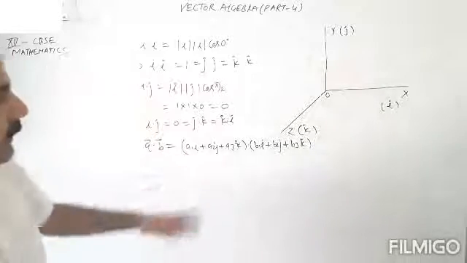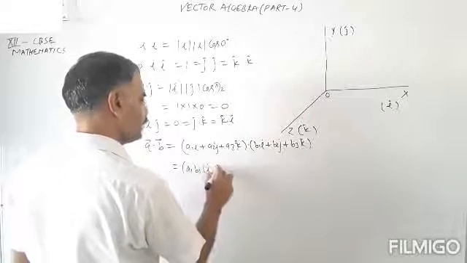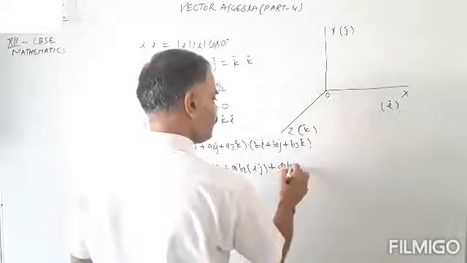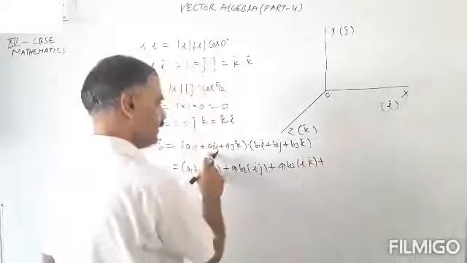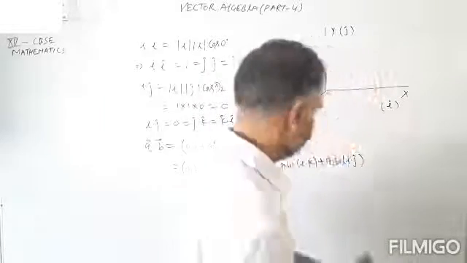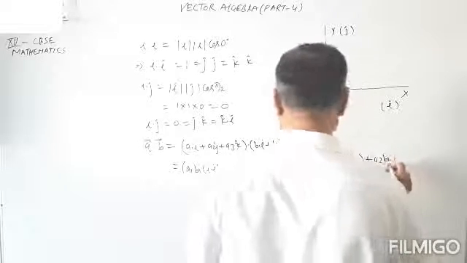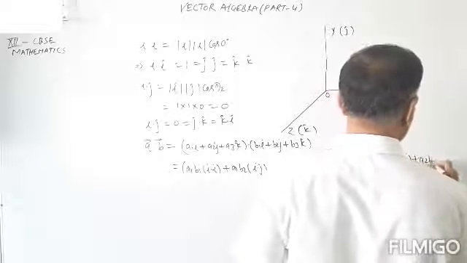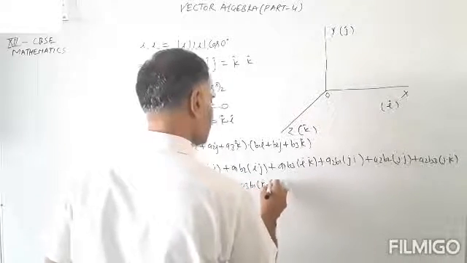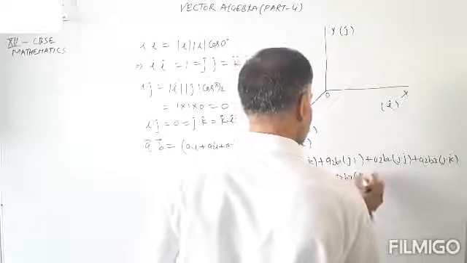So the dot product will have 3 times 3, 9 terms: a1 b1 i cap dot i cap plus a1 b2 i cap dot j cap plus a1 b3 i cap dot k cap, plus a2 b1 j cap dot i cap, plus a2 b2 j cap dot j cap plus a2 b3 j cap dot k cap, and then a3 b1 k cap dot i cap plus a3 b2 k cap dot j cap plus a3 b3 k cap dot k cap.